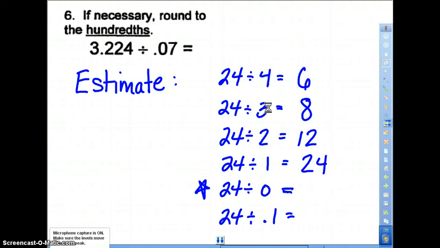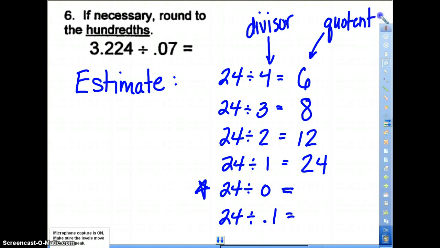Yeah, it keeps getting smaller and smaller and smaller. And as our divisor, that's called a divisor, keeps getting smaller and smaller, what is happening with our quotients? It's getting bigger and bigger and bigger.